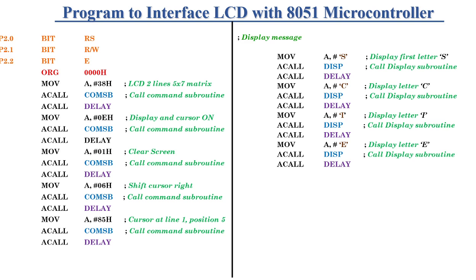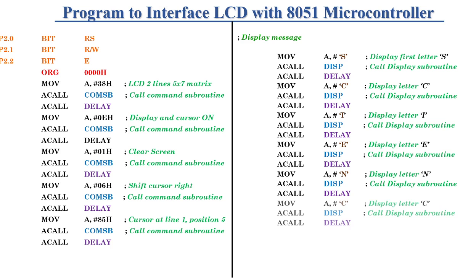Then similarly the next character E is loaded into A, and it will be displayed on the LCD using the display subroutine. Then the next character N is loaded into the accumulator, and that will be displayed using the display subroutine. In this way the characters C and E will be displayed on the LCD using this display subroutine.